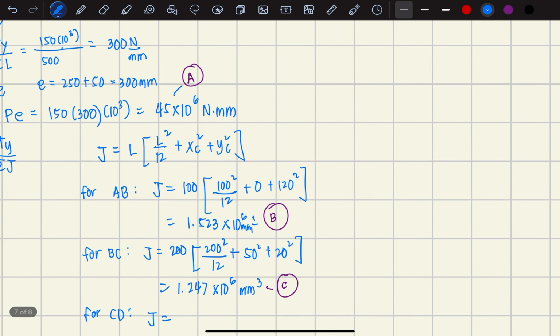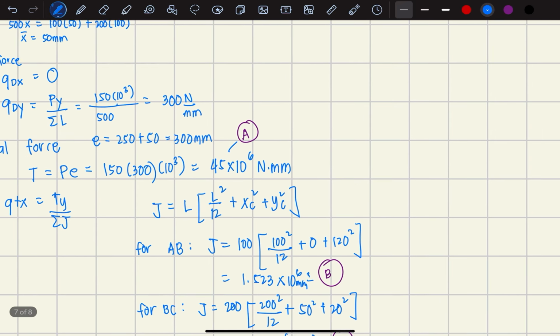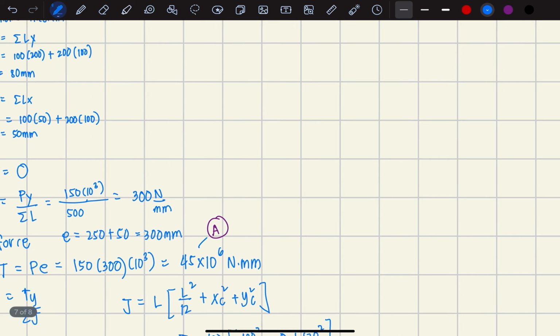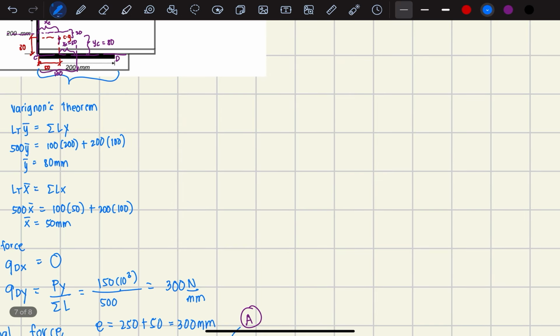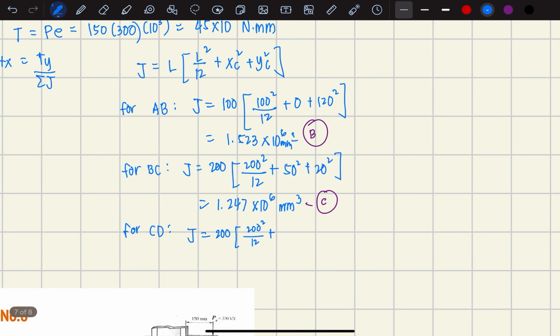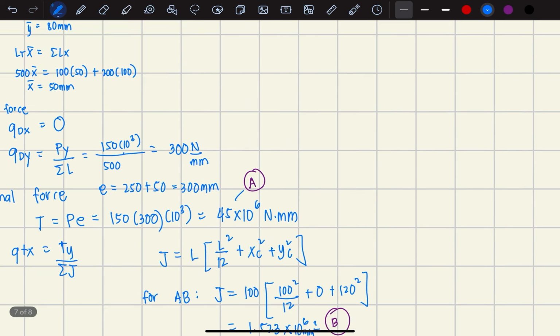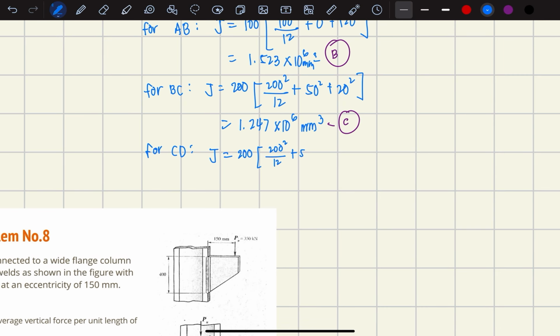So, yung length niya sa problem is 200 times 200 squared over 12 plus... ano yan? Yung x sub c is ilan ba yun? 50 squared plus y sub c na 80 squared.